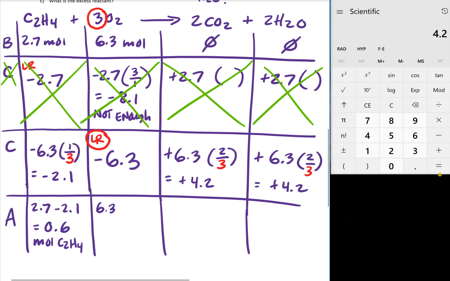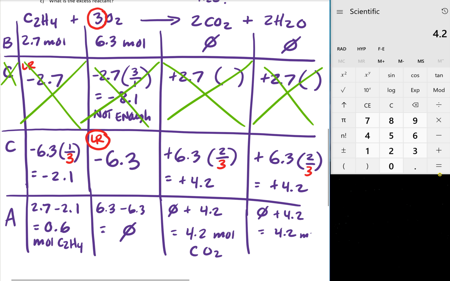And just to show you, 6.3 minus 6.3, yes, that is 0. And your carbon dioxide starts as 0, and you're adding to it 4.2. So 4.2 moles of CO2 are made. And we'll repeat that for the water. 0 plus 4.2 gives us 4.2 moles of H2O that are made.